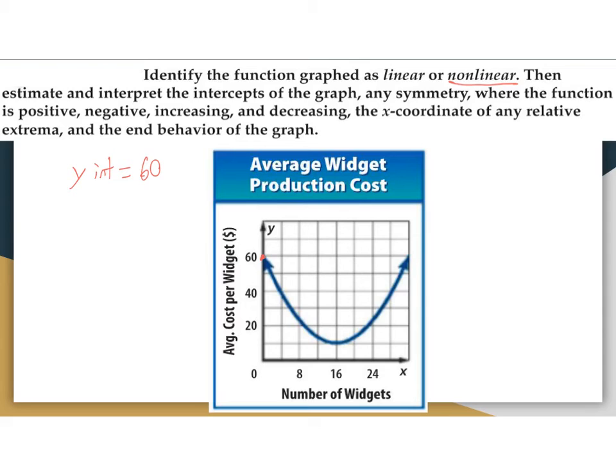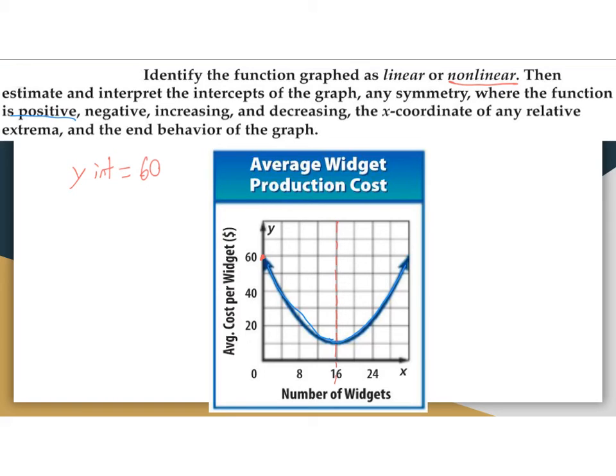See if there is any symmetry. We notice that there is a line of symmetry here at x equals 16. We can notice where the function is positive. We'll notice here that it is always positive. It never goes below the x-axis.